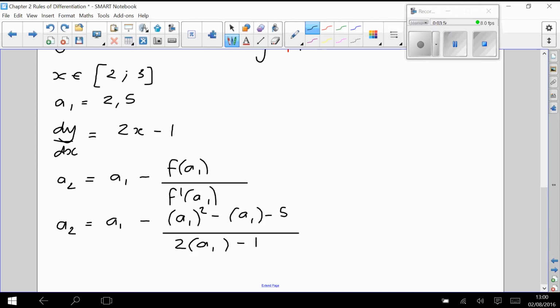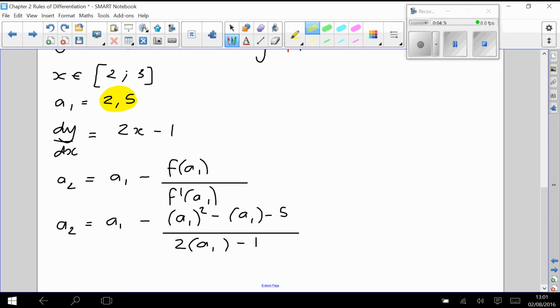Listen to me carefully because I'm going to tell you this without writing it down. Take your first estimate and type it into your calculator and press equals and answer. And then press minus. Put in a fraction. Now press answer squared minus answer minus 5, all in the numerator of your fraction. Go down into the denominator and press 2 times answer minus 1.